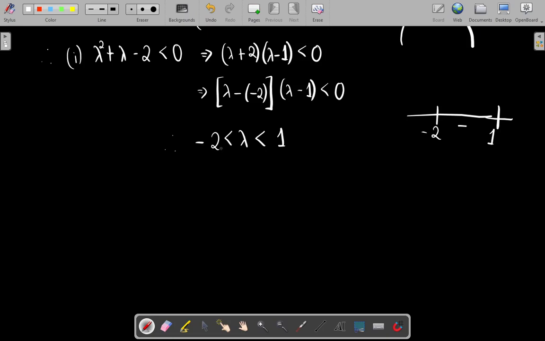This is why lambda is larger than the smaller value and smaller than the larger value. So lambda lies in this interval and can take the integral values minus 1 and 0. It cannot take any other value, because both minus 2 and 1 are strictly excluded. So these are the two possible integral values so far.